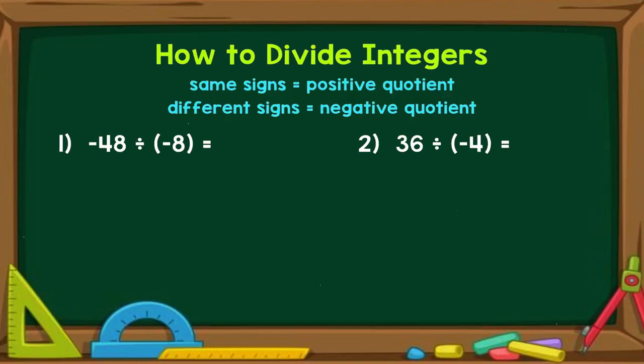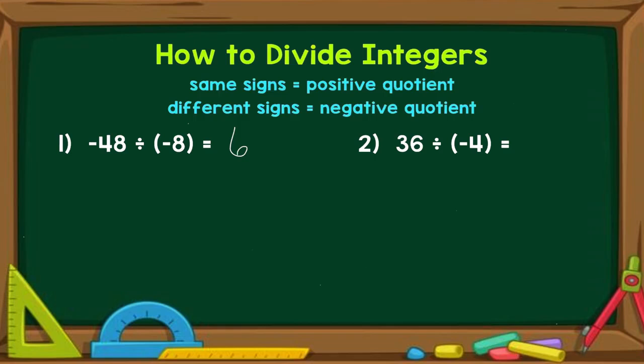Let's jump into number 1, where we have a -48 divided by -8. For now, let's just think of this as 48 divided by 8. And what that quotient will be. Remember, the quotient is the answer to a division problem. So 48 divided by 8 is 6. So let's write a 6 here.